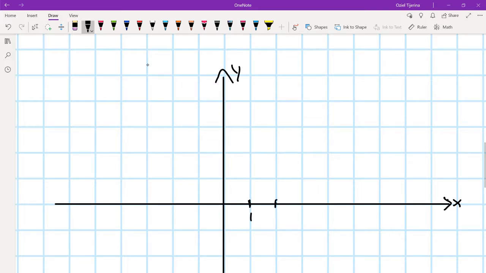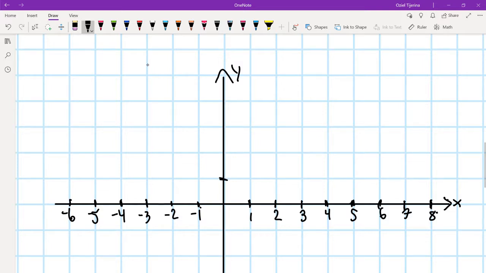You have 1, 2, 3, 4, 5, 6, 7, 8. And this is -1, -2, -3, -4, -5, -6.